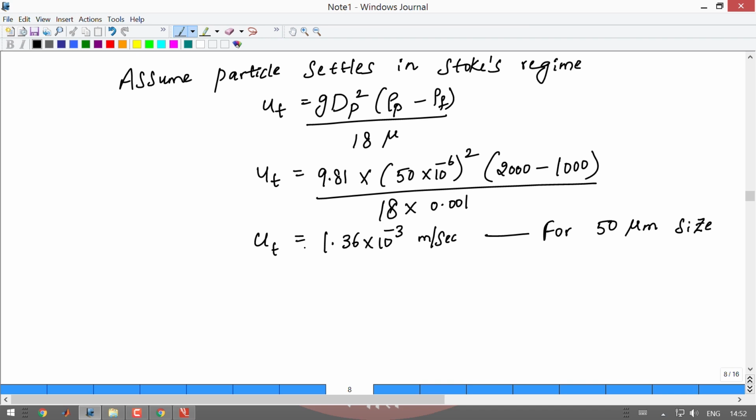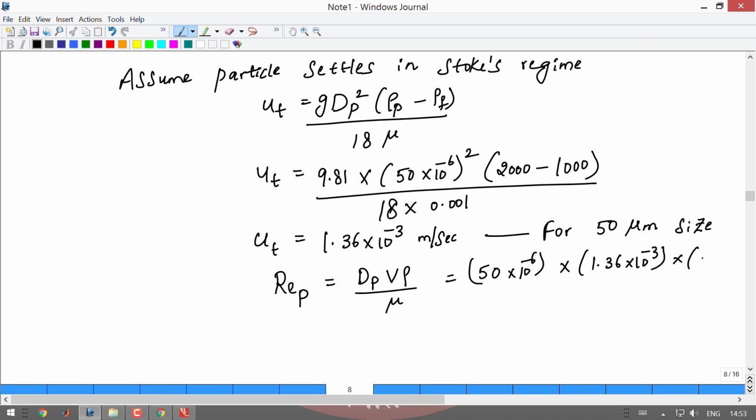So, since we assume that the particle settles in Stokes regime, the Reynolds number of the particle should be less than 2. So, we will check if the Reynolds number of the particle is less than 2 to make sure that our assumption is correct. So, now we will calculate the Reynolds number of the particle for a 50 micrometer diameter of the particle. So, 50 into 10 power minus 6 multiplied with V, the settling velocity, which is 1.36 into 10 power minus 3, and density is 2000.